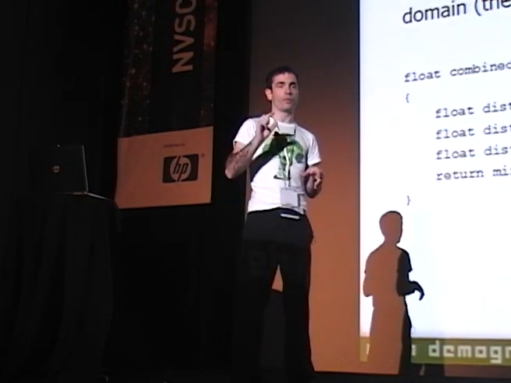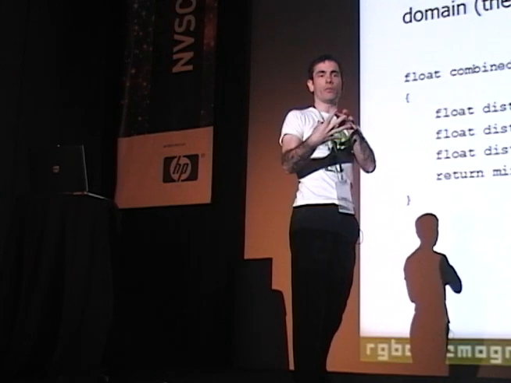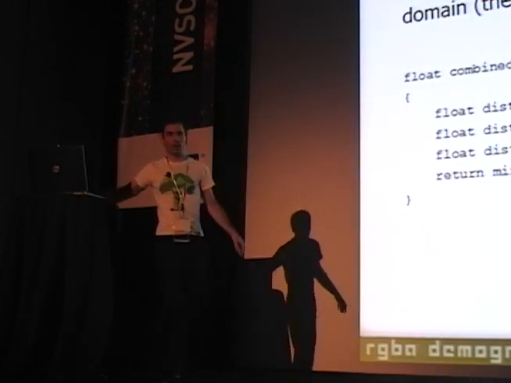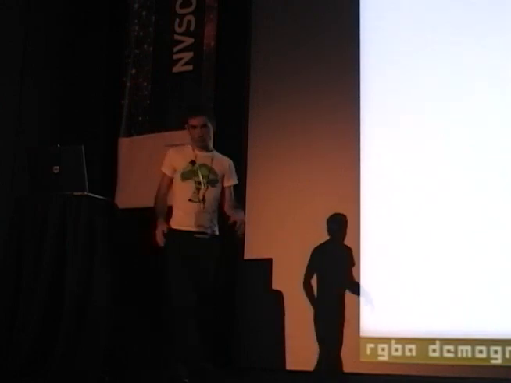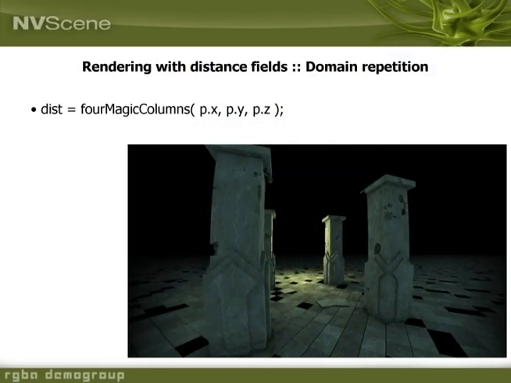Once you have 1, 2, 3, 10 boxes, you can combine them together with a min function to get your column or your pillar. Again, you can combine many pillars together by doing the minimum of each one. In this case, it's 4 pillars, and you can pack them together into one function that is called 4 magic columns or something.